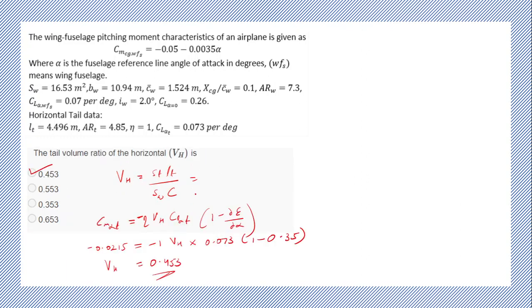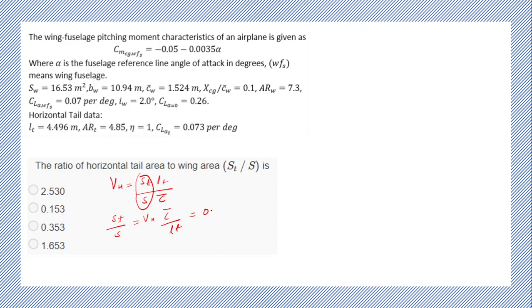VH was 0.453, 0.453 into C bar was 1.524 by LT is 4.496. Okay, 0.153. Correct.